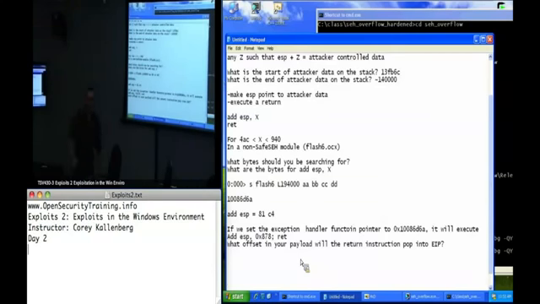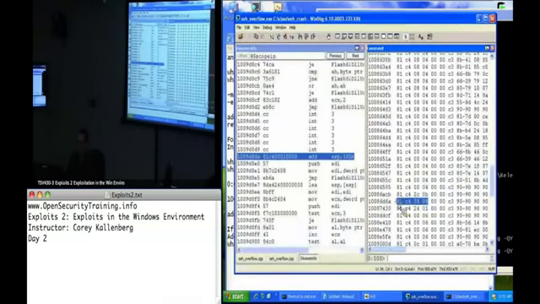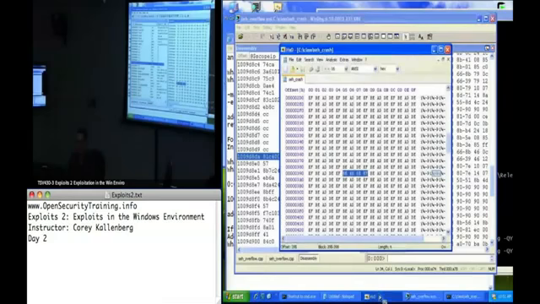So here's how I would calculate this, guys. Okay, so I'm going to use 878 since that's what you guys found.